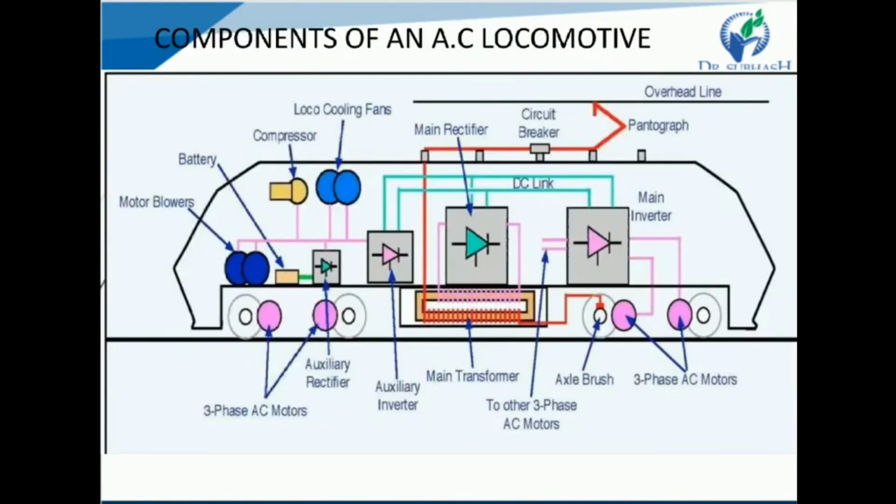This is the component layout of an AC locomotive. AC current is collected from the pantograph, then given directly to the main rectifier. It converts into DC, and this supply is given to our control system.